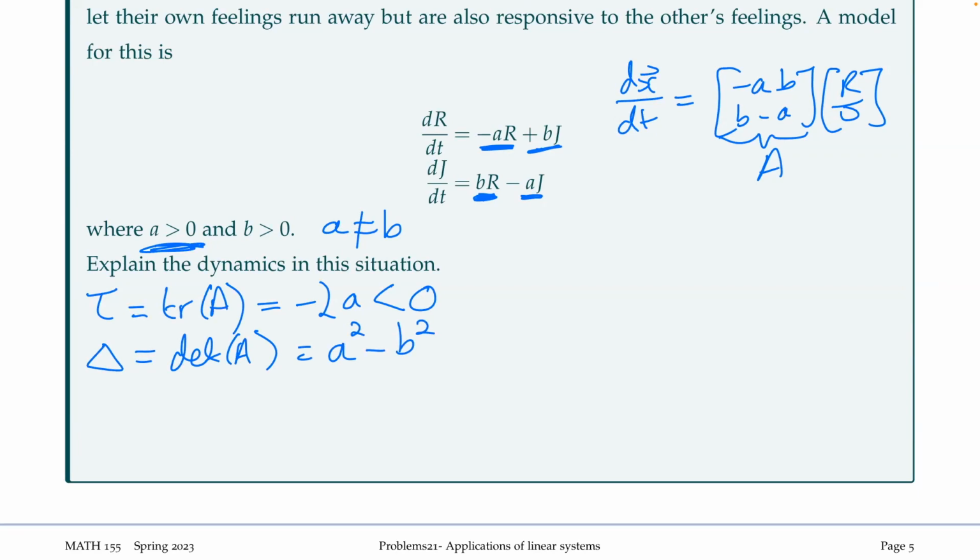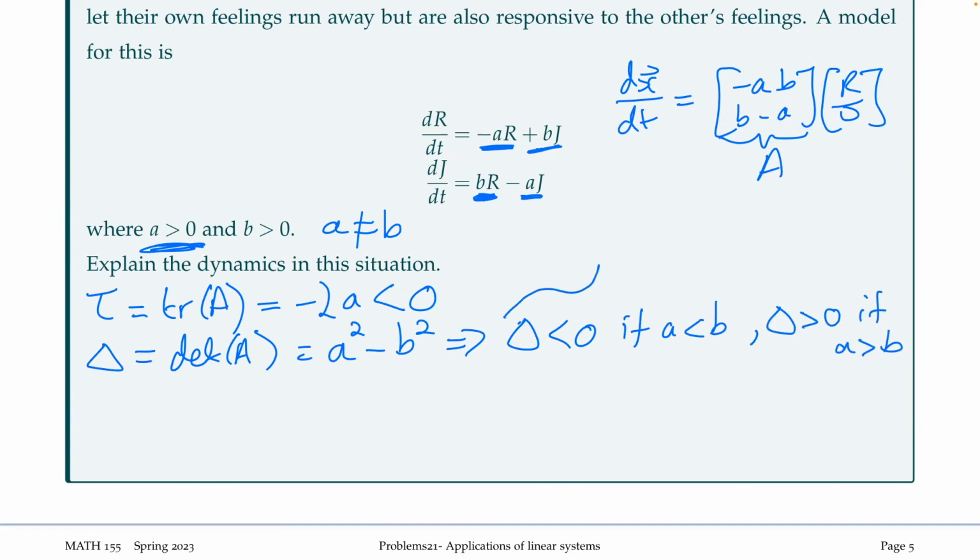We're not told whether A is bigger than B or B is bigger than A. So what that means is the dynamics of the system are going to be dependent on the relative magnitudes of A and B. So we have that our determinant is going to be negative if A is less than B, and our determinant is positive if A is greater than B.